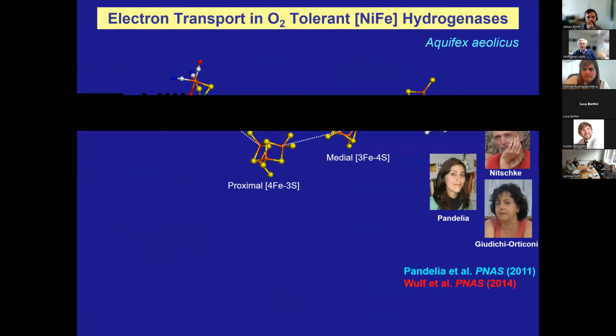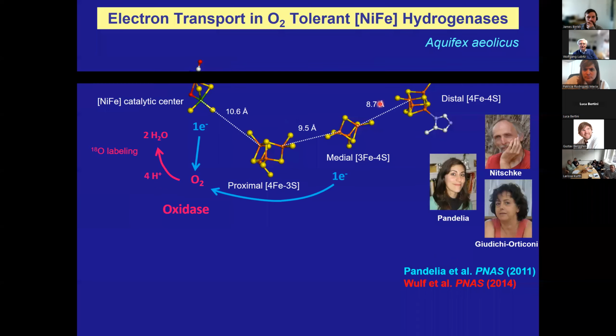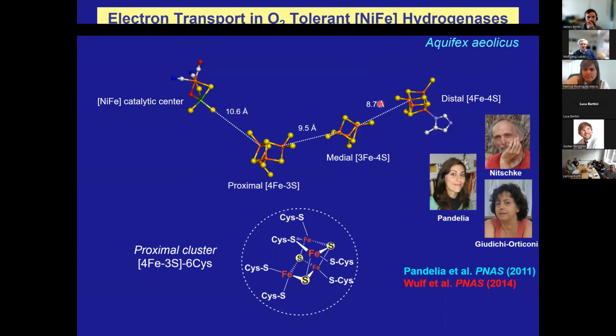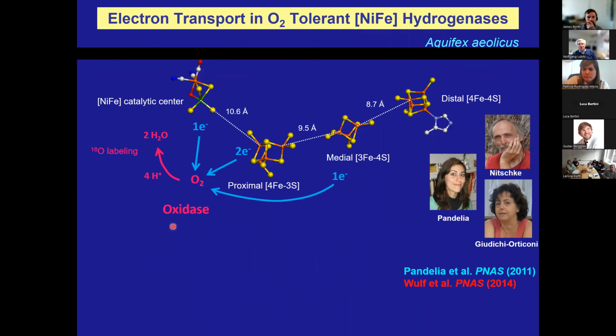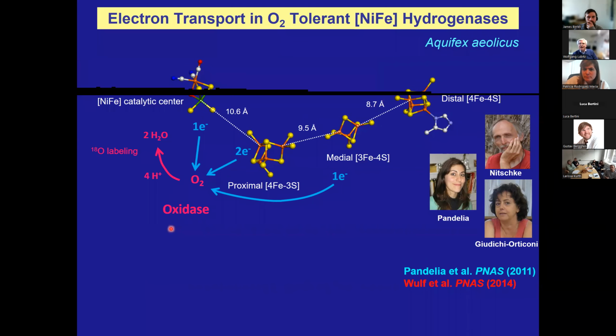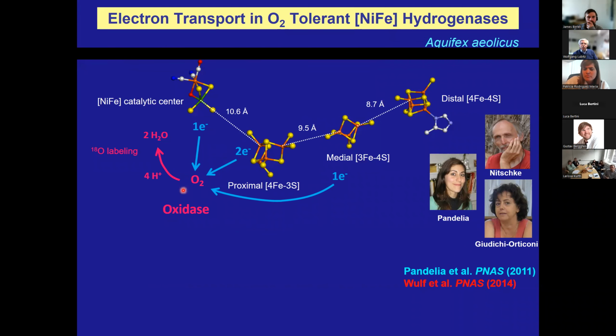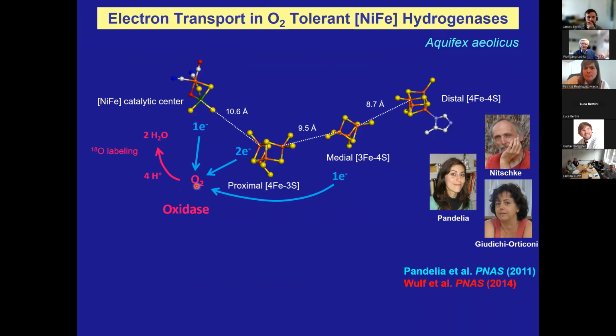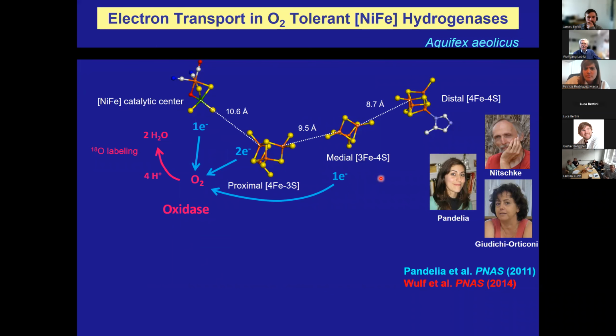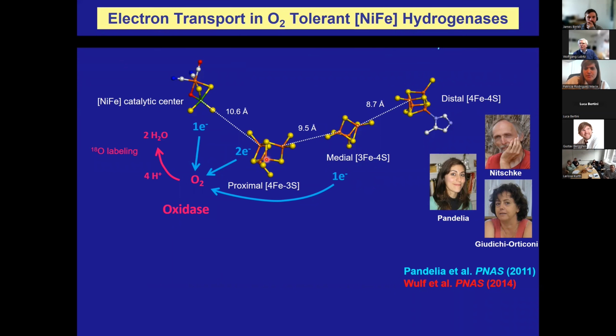Because that explains how the oxygen tolerance of this system came about. You need 4 electrons to put into an attacking oxygen. 1 is coming from the nickel-iron center, 1 from the medial 3-iron cluster, and 2 electrons from the proximal one.